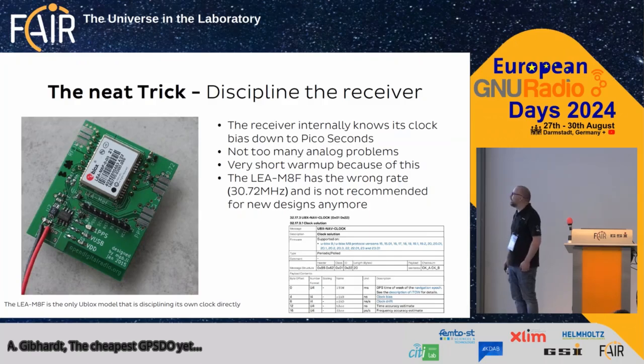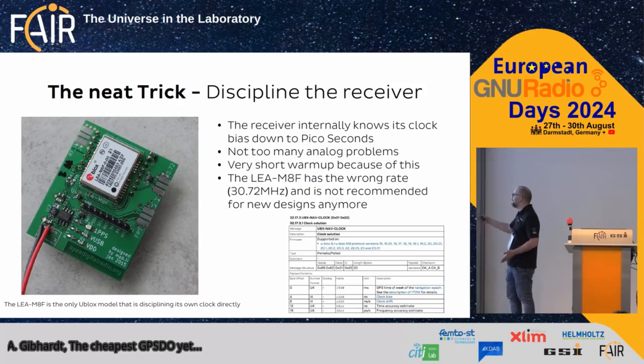This looks really neat. That's the LEA-M8F, where they played a really nice trick where the GPS receiver, which knows a lot about its frequency offset, is disciplining its own oscillator. That enables it, within its DSP, to already estimate the frequency offset and tune itself to compensate for that.